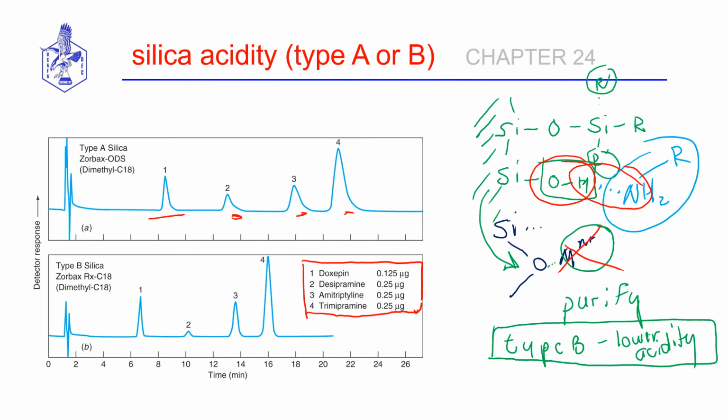If you were to have carried out the same separation on an octadecyl column that was type B silica instead of type A, once again, we've removed the metal ions, thus this electron withdrawing effect, making the silanol sites more acidic, has gone away, and you get much improved peak shape, less tailing, and narrower peaks.